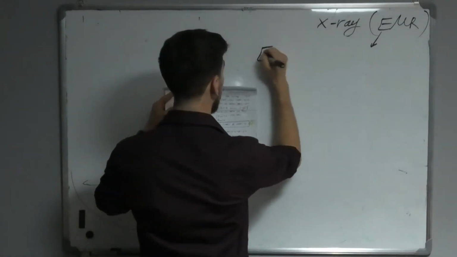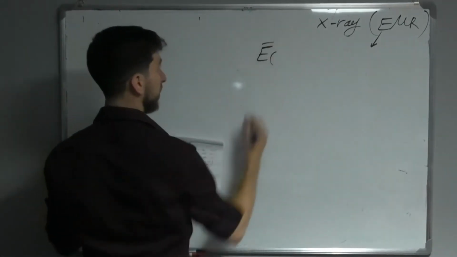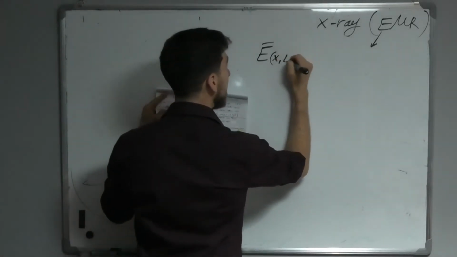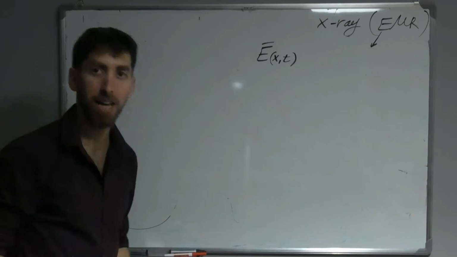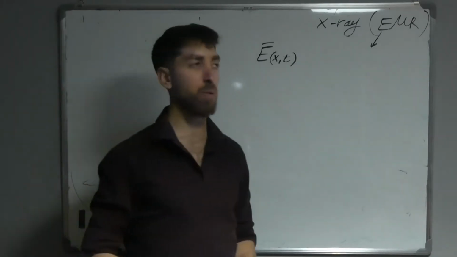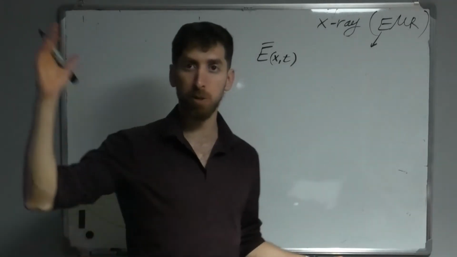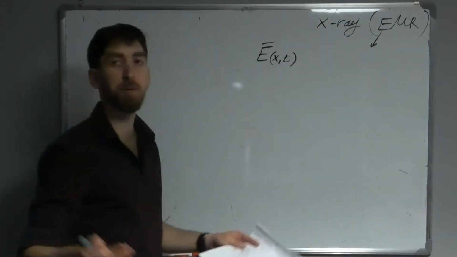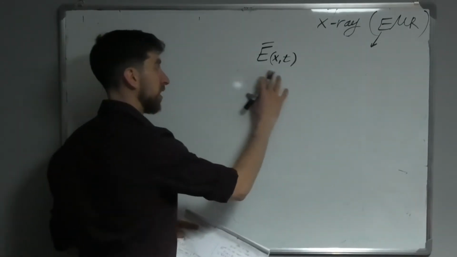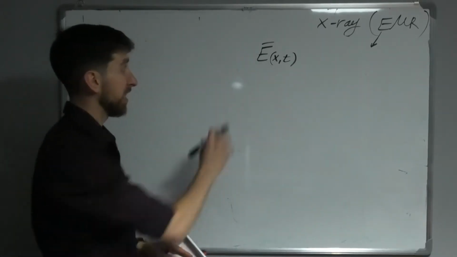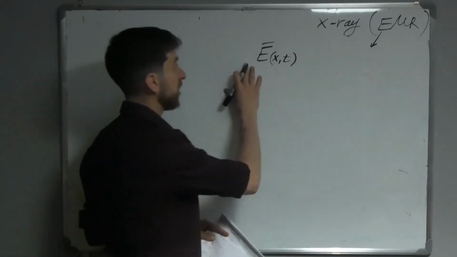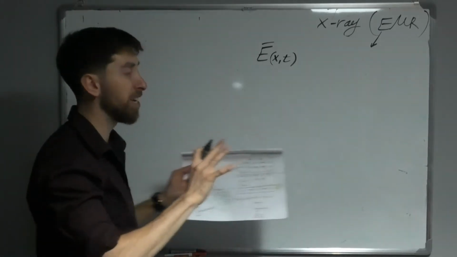So I have an electric field, which is a vector, and it changes in space and time. Remember that we have the pool, and the waves are changing in time and place, the spring changes in place and time. So this electric field is a distribution in the world that's moving in space and time.